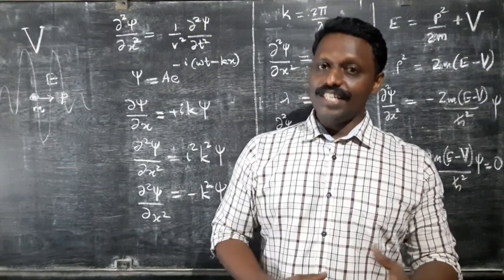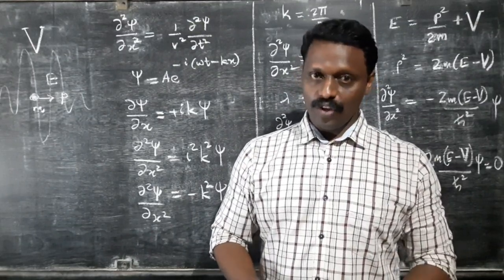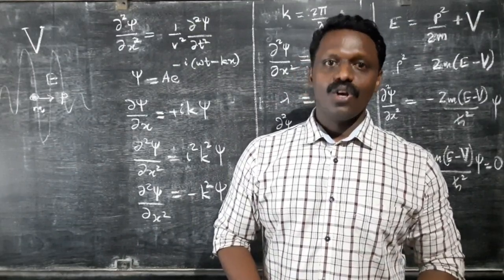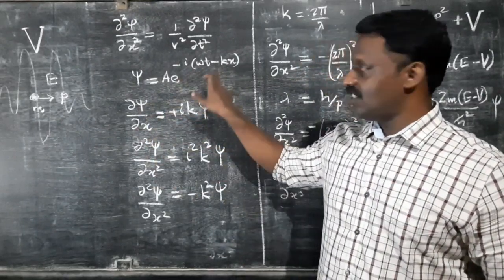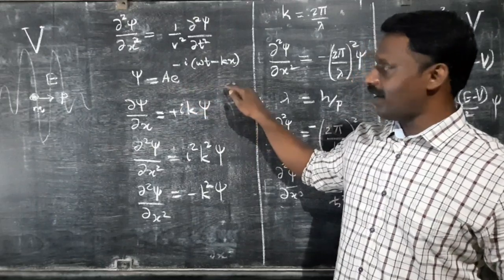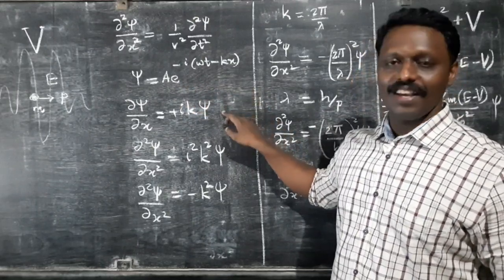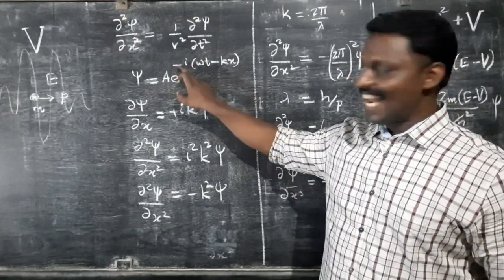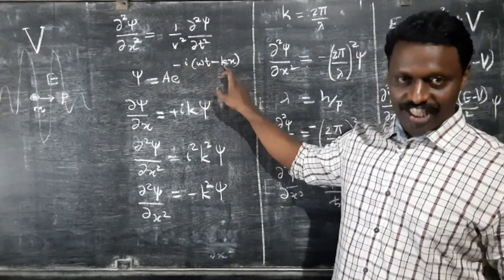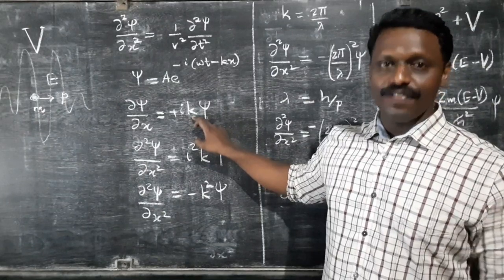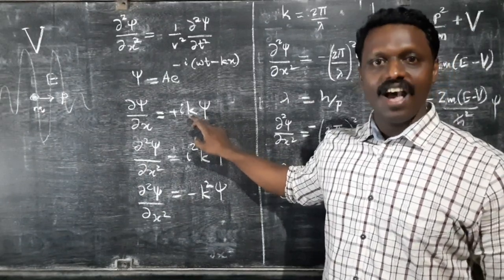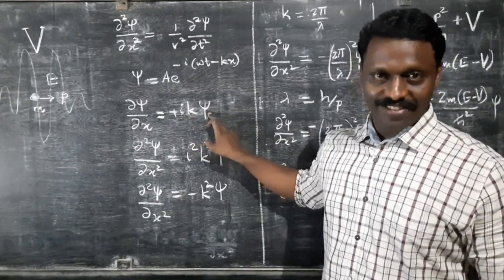Now, let us differentiate this equation with respect to x. So the derivative will be ∂ξ/∂x equal to this quantity, which is ξ, multiplied by -i times -k, which is ik. So the first derivative with respect to x is ikξ.